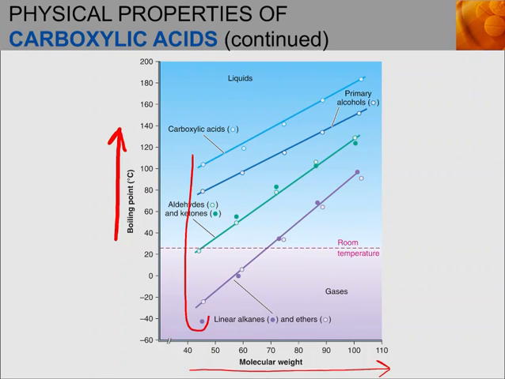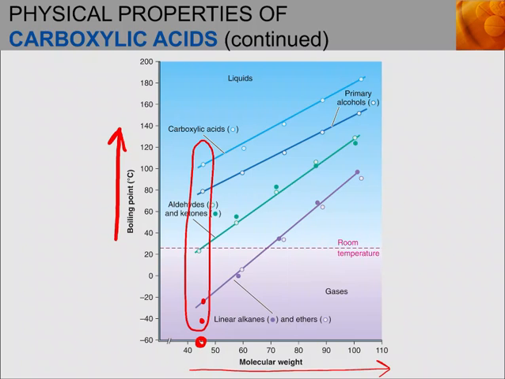I'm going to focus on these molecules, which all have a molecular weight of about 45 grams per mole. You can see that alkanes are at the very bottom, as well as ethers, so they have very low boiling points. And remember, alkanes only have London dispersion forces between two of the same alkane.